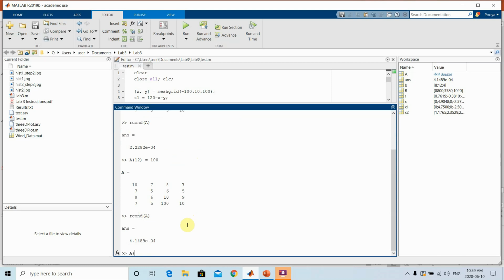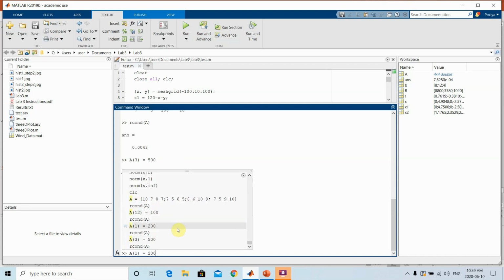I want to try to see if I can make this one not ill-conditioned. Okay, so this is slightly better. Still very close to 0, still ill-conditioned, but getting better. Let me change another one, A3 equal to say 500. Still very close to 0.